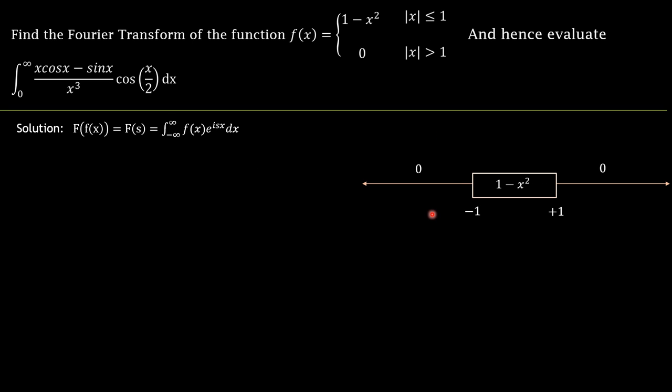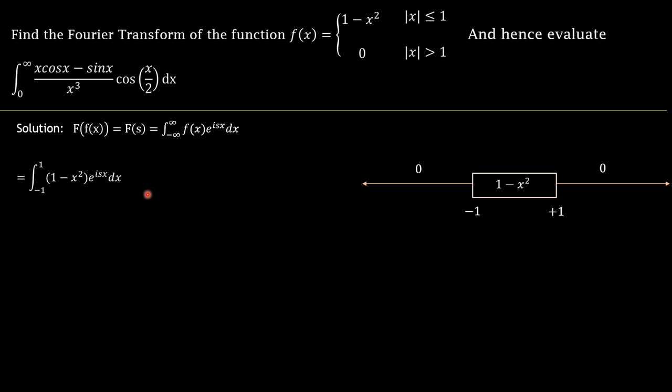Outside this interval, the function value is 0. So, evaluating the Fourier transform in the interval minus infinity to infinity is same as evaluating the function in the interval minus 1 to 1, because outside this interval the function value is 0. So, the above equation reduces to the form integration minus 1 to 1, 1 minus x square into e to the power isx dx.